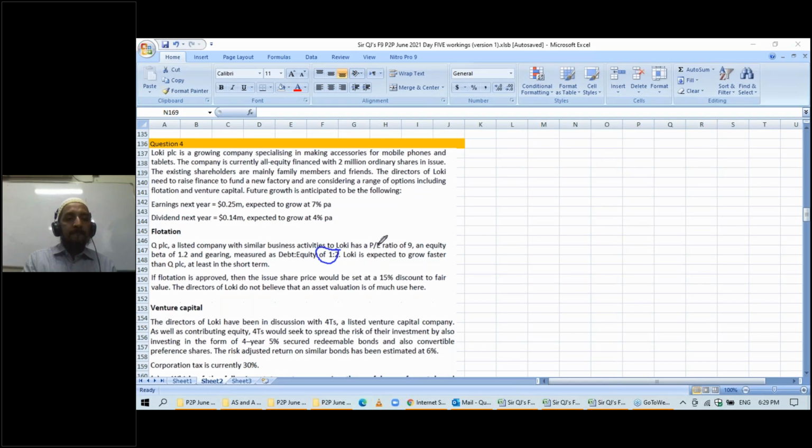We need the tax rate, which is 30%, and we need the beta, which is 1.2, and this is an equity beta. Equity beta means geared beta, so we have to adjust it according to this company, Q company.